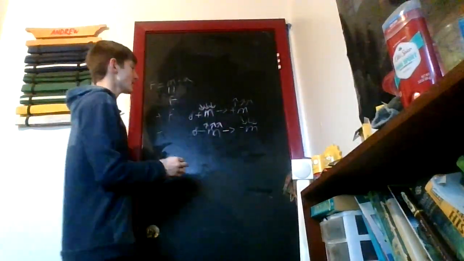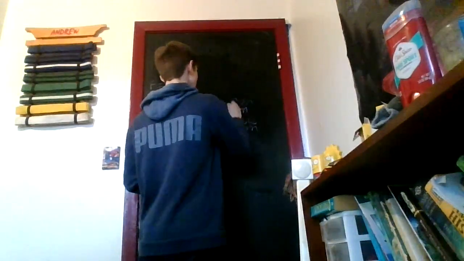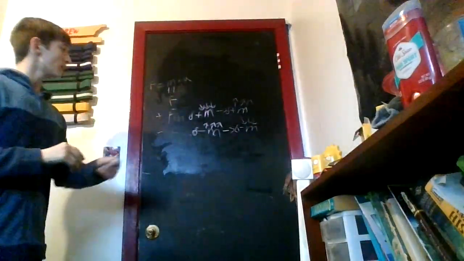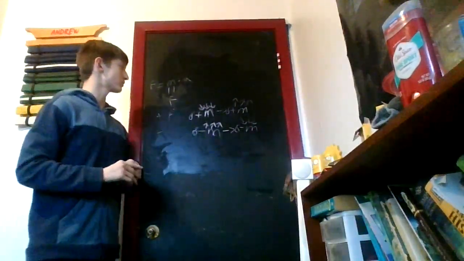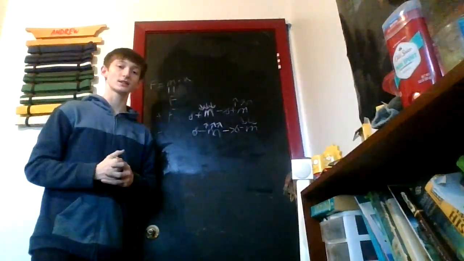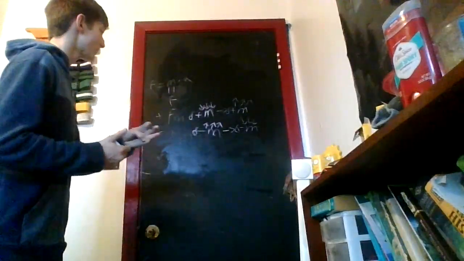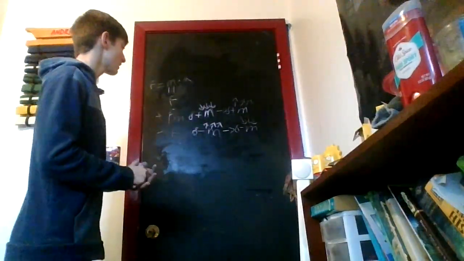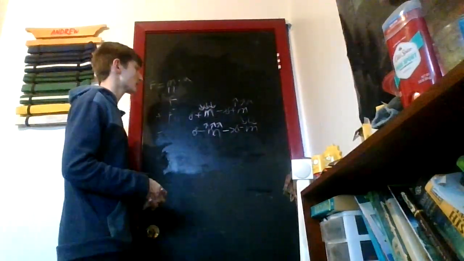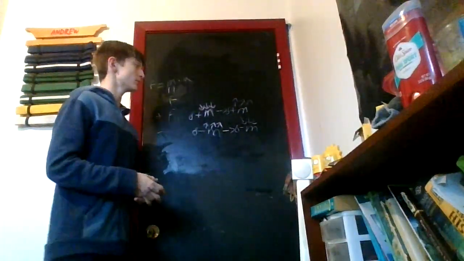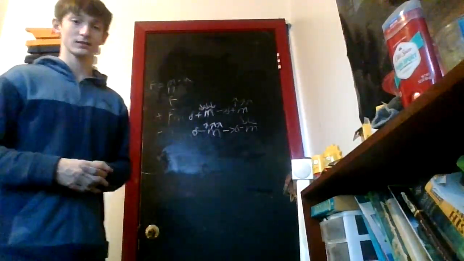But it's not just a change, I have a change here too. While the positive mass is pulling in on positive mass while pushing out on the negative mass, the negative mass is pushing out on the positive mass and pulling in the negative mass.